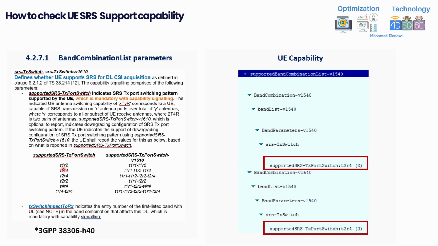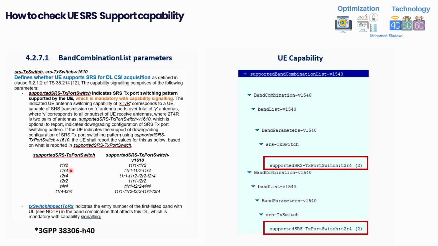What do we mean by antenna switching? There are two conditions that the UE must meet in order to transmit the SRS and for the SRS to be used for downlink channel propagation estimation. First, either have an equal number of transmitters and receivers for the UE antennas, or, if you have, for example, only one transmitter and two receivers, this transmitter antenna can be switched between the two receivers, so we can still transmit the SRS through the two receive antennas in the UE.